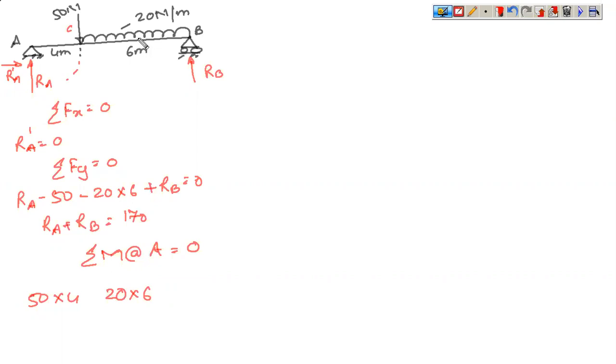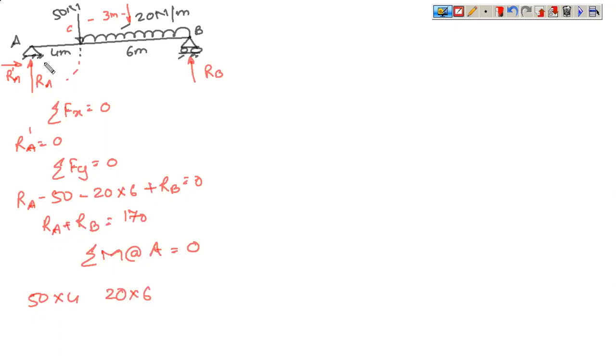This has to be resolved at an equivalent distance. A uniformly distributed load, as I had already told you, will be resolved at half of the distance, L by 2. So that means it will be resolved somewhere here at a distance of 3 meters from C.